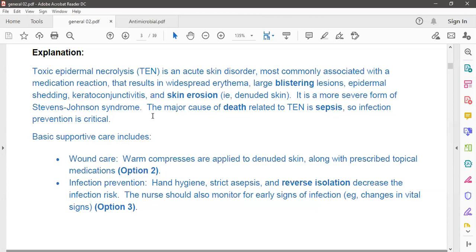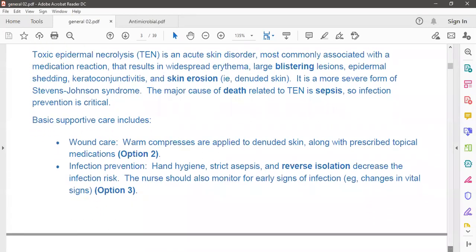As I told you, they often begin with a fever or flu-like symptoms, such as cough, sore throat, tenderness, tiredness, and general ill feeling. The major cause of death related to TEN is sepsis. This is the reason to isolate your patient. Preventing infection is most challenging.